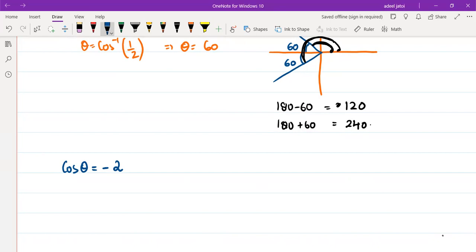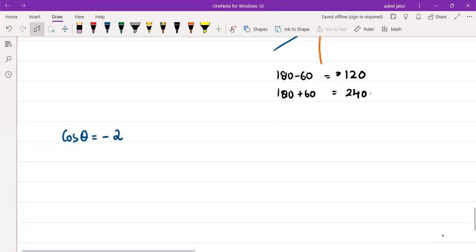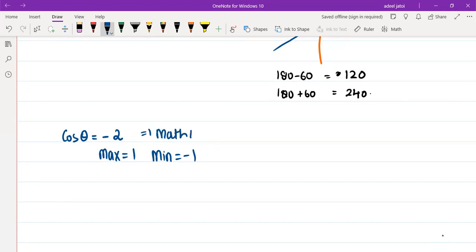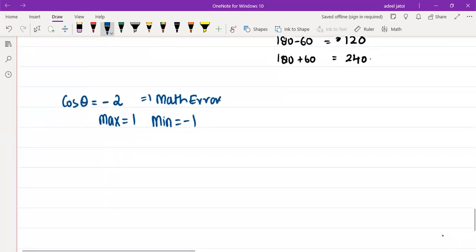As soon as you see the value, your maximum value should be 1 and your minimum value should be -1. So if the value crosses 1 or goes less than -1, you will end up having a math error.